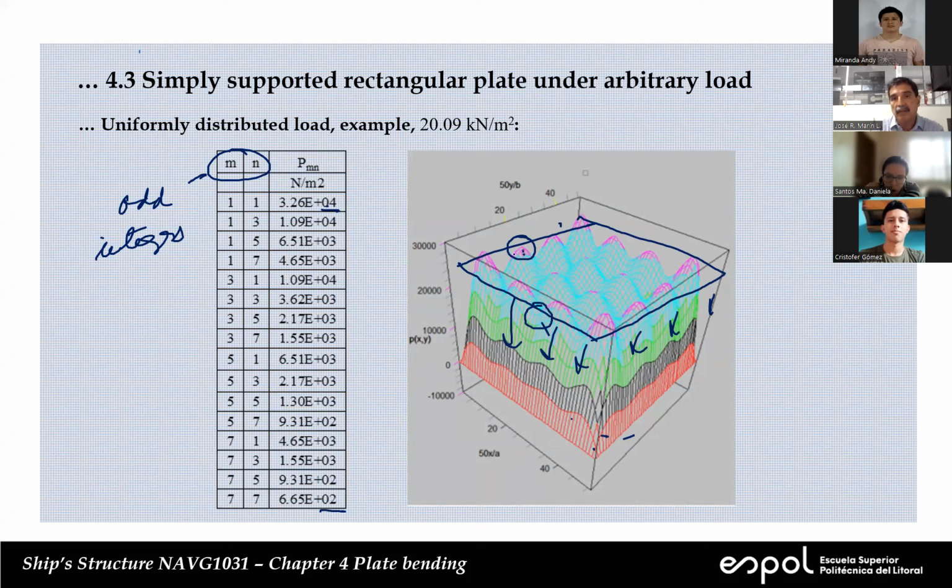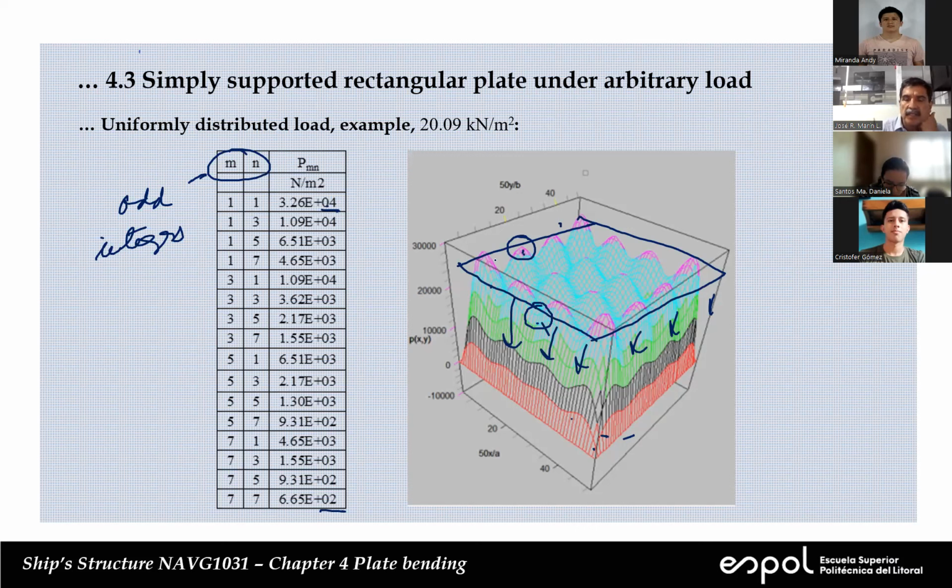So this is larger, this is smaller than that. But in general, as we can expect, WMN doesn't change that much. So we don't need that many terms for the deflection, okay? For the loading, yes, we need more terms, but not for the deflection.